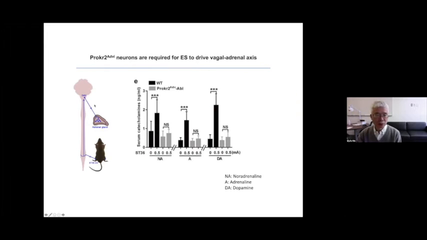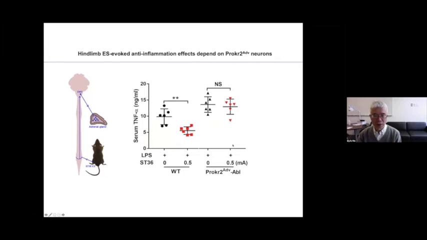And this stimulation normally causes catecholamine release from the adrenal gland, and without this group of neurons, the acupuncture effect is again lost with this low intensity acupuncture stimulation. High intensity is a different business because we recruit many other autonomic pathways. So with this low intensity, again, the acupuncture effect is lost. The anti-inflammatory effect was abolished without this group of neurons.